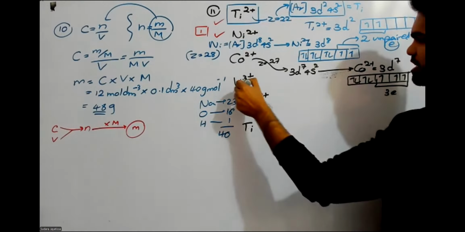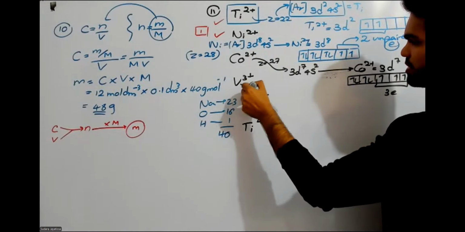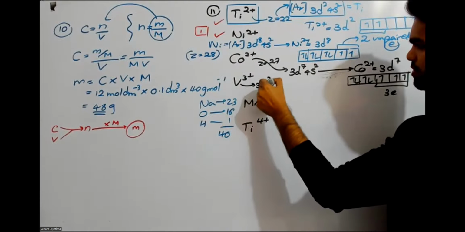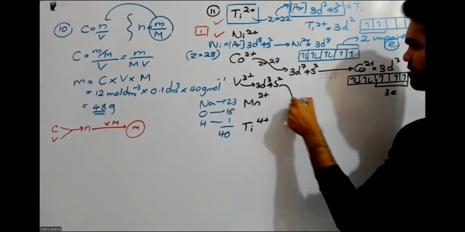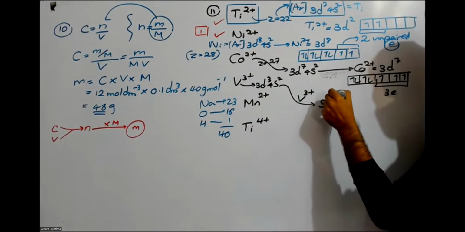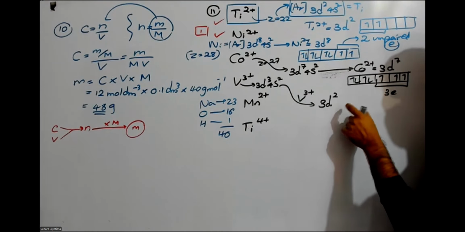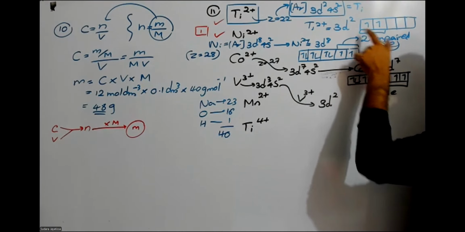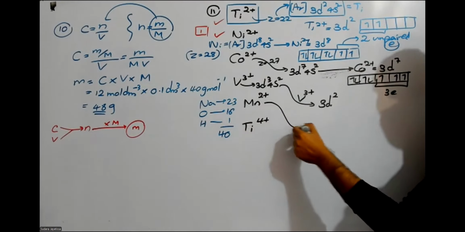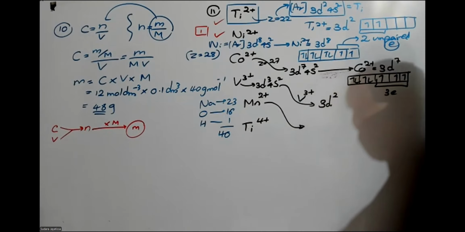And vanadium 3 plus. Vanadium atomic number is 23, so 3d3 4s2. For vanadium 3 plus, it is 3d2, because 4s2 and one of the 3d electrons are gone. So this is also a correct answer. You have 2 unpaired electrons, just like titanium 2 plus. But it is paired with the wrong one, I believe, with Fe2 plus.